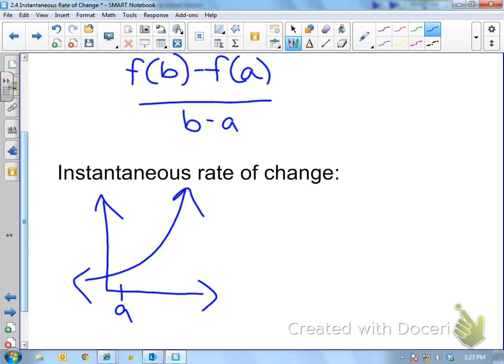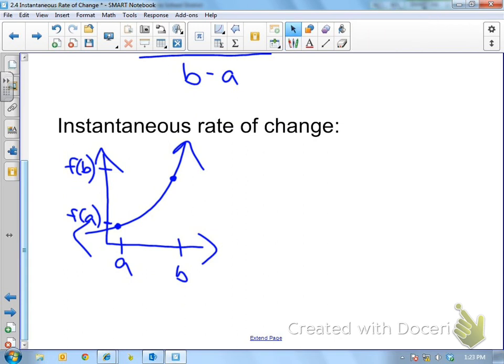Say this is A, this is B, which means this is f of A, and this is f of B. We said, okay, if I take my average rate of change, it's like we're finding the slope of the secant line through these points.